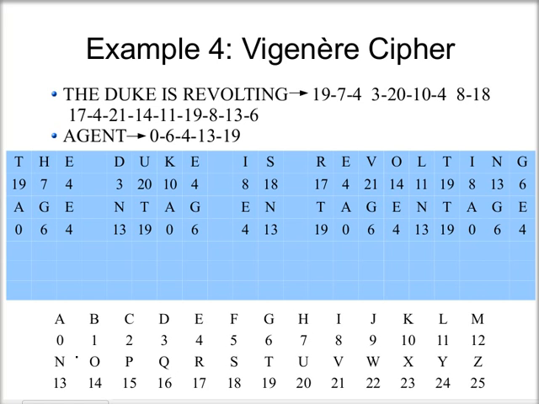Now I'm going to use a chart to help me encrypt this. In my first row here, I've got my original message. In the second row, I've got the corresponding numbers for the letters. My third row has my keyword repeated over and over underneath the letters of my message.